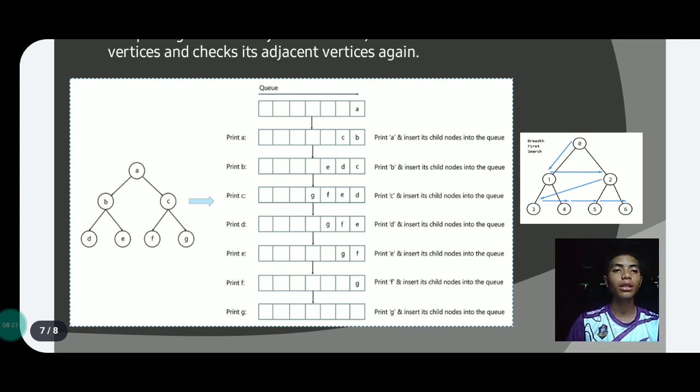Print A and insert its child nodes into the queue.